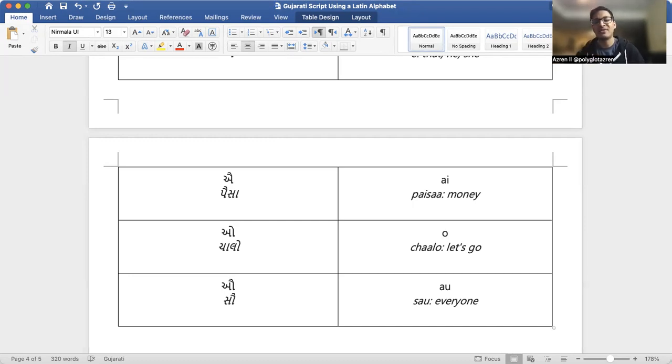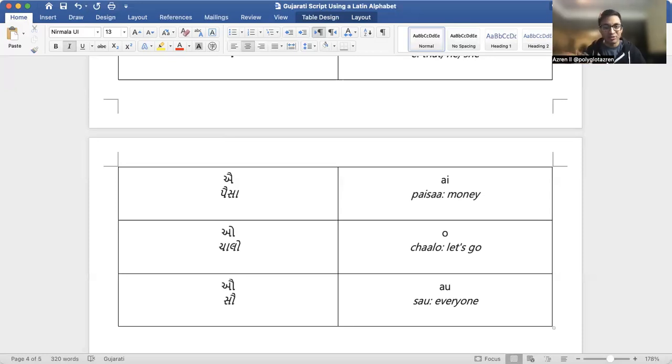Now, if you pull up the Gujarati alphabet on other websites, sometimes you'll have a couple of extra vowels, a couple of extra letters. What I've tried to do is just give you the ones you're going to see 99.99999% of the time. There are some other letters that sometimes you'll see from time to time, like ru and a couple of others, but we're just going to worry about these for the time being.